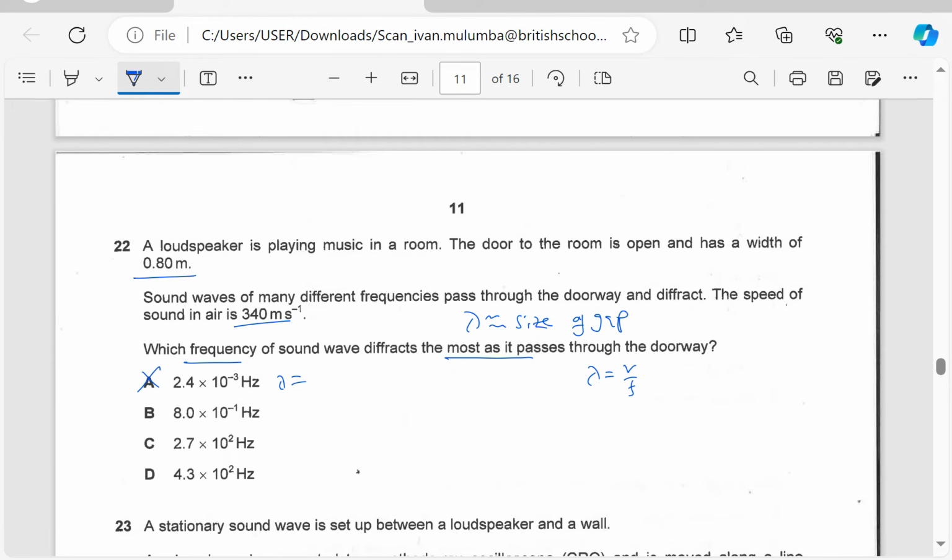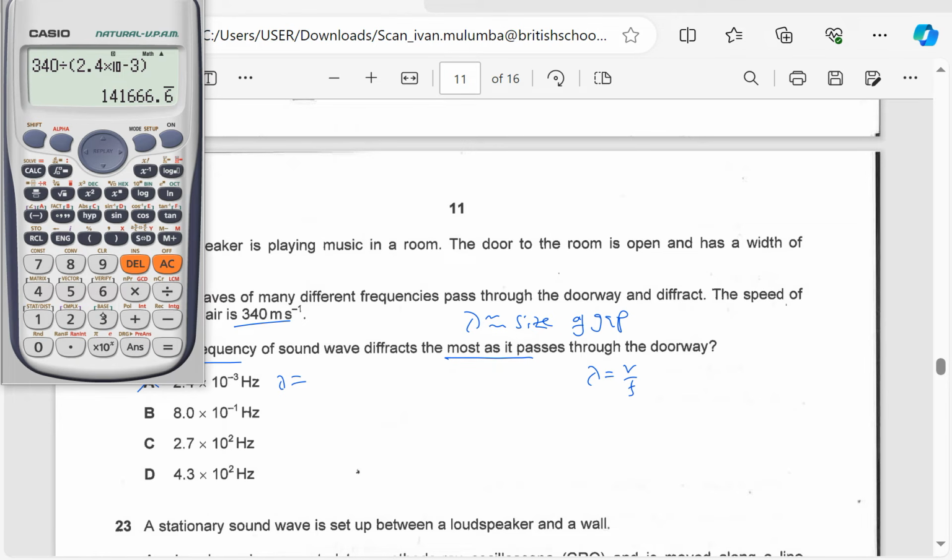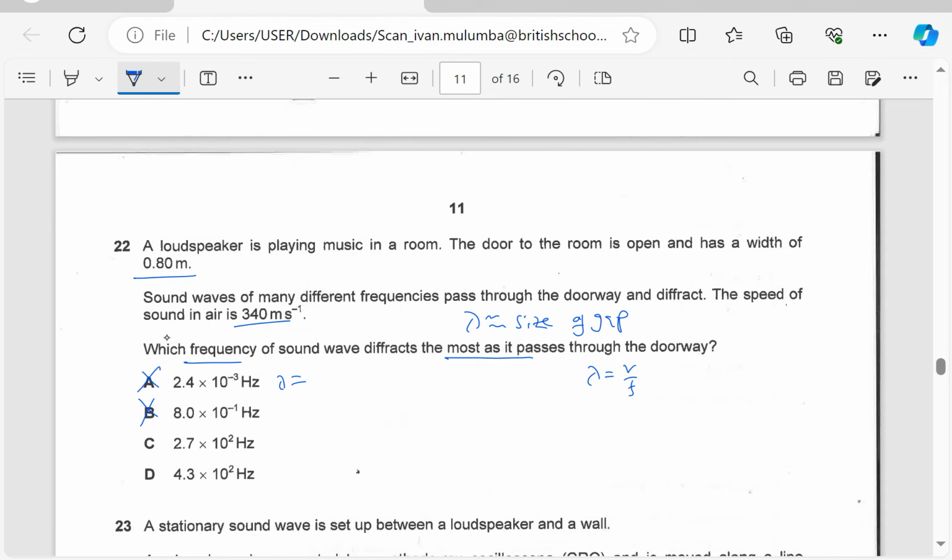Let's check the second one. 340 divided by 8 exponent negative 1. This is 45. It is also very far from 0.8. The size of the gap should be, the wavelength should be approximately 0.8 meters. So that one is also wrong.